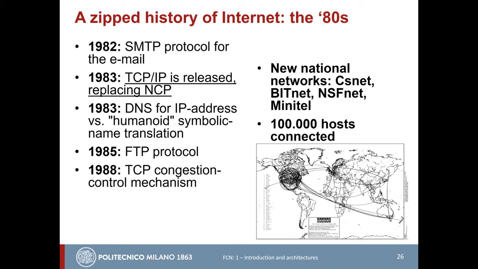Then we have the invention of DNS, so you can use human-readable symbolic names instead of IP addresses, which are numbers, in order to identify the different sources and destinations. Then the FTP protocol, congestion control mechanisms, and so forth.